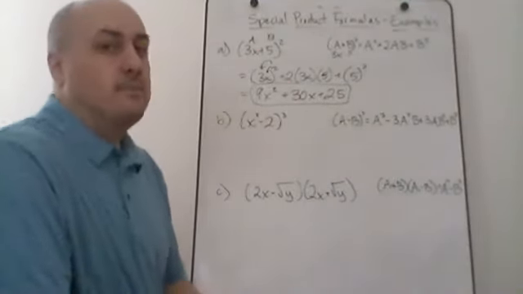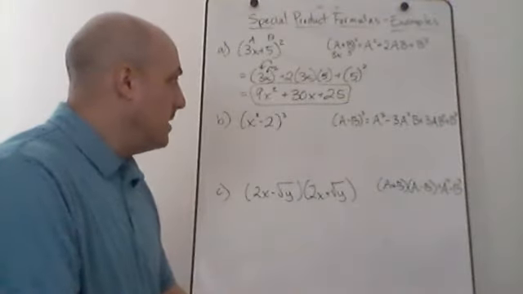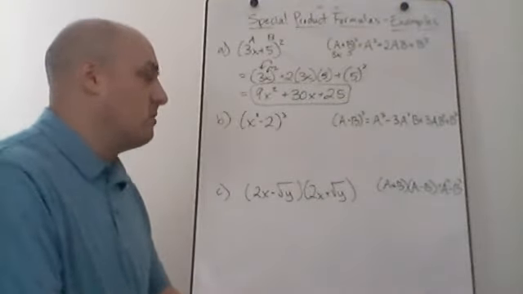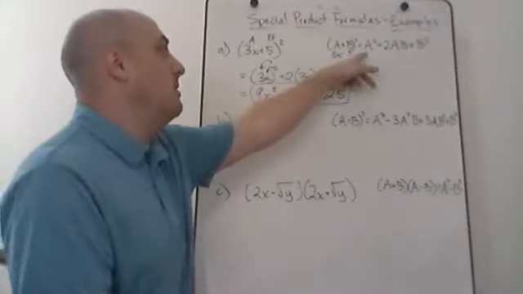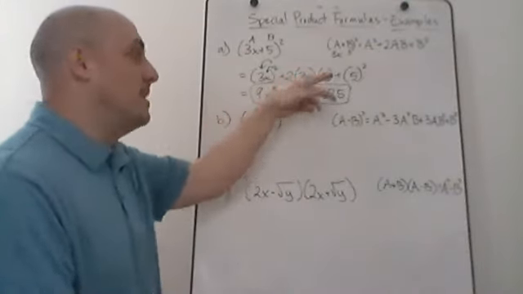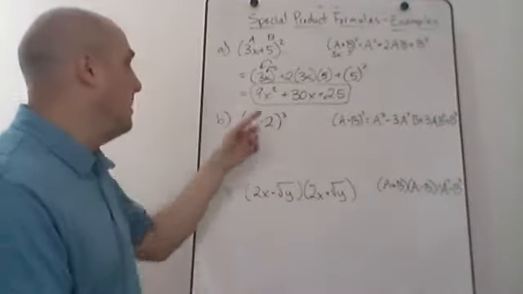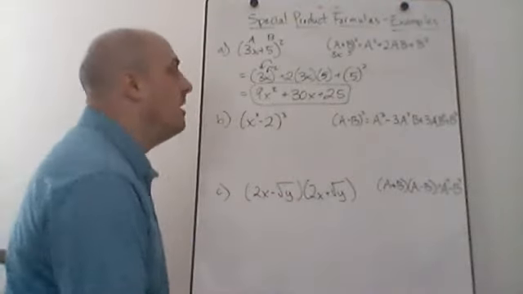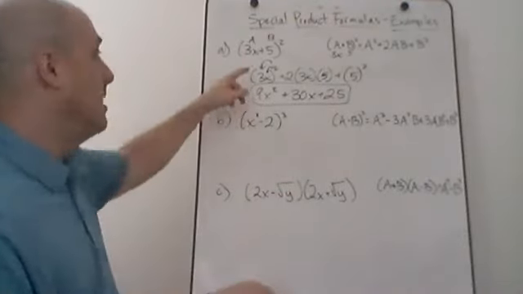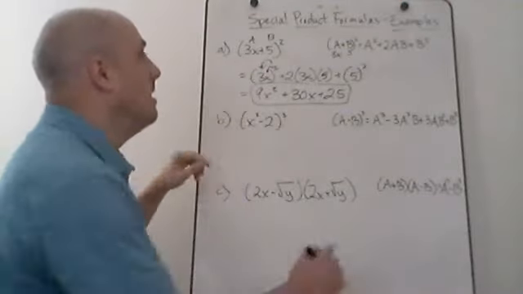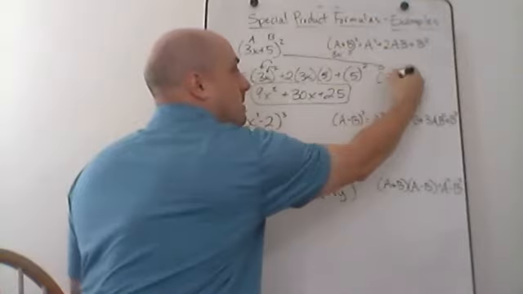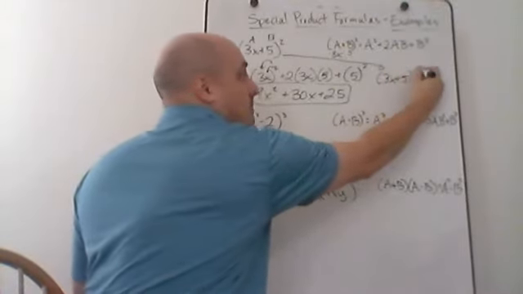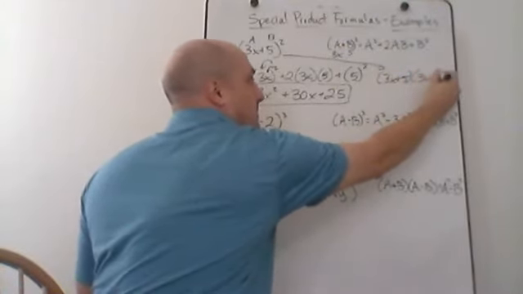Like I mentioned in the other video, learning these formulas is not crucial to answer this question. If you completely forget the formula, or you find those a's and b's confusing, you don't have to use that formula. To get the answer another way, 3x plus 5 squared means I have a 3x plus 5 multiplied by another 3x plus 5.